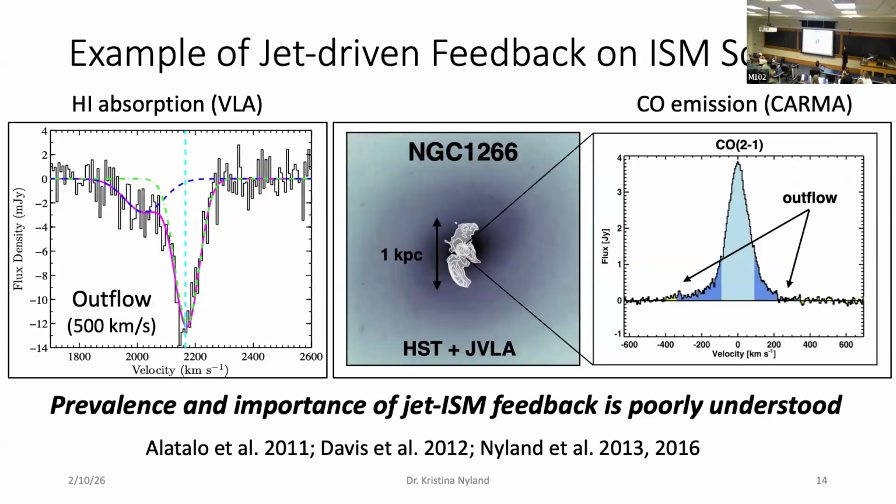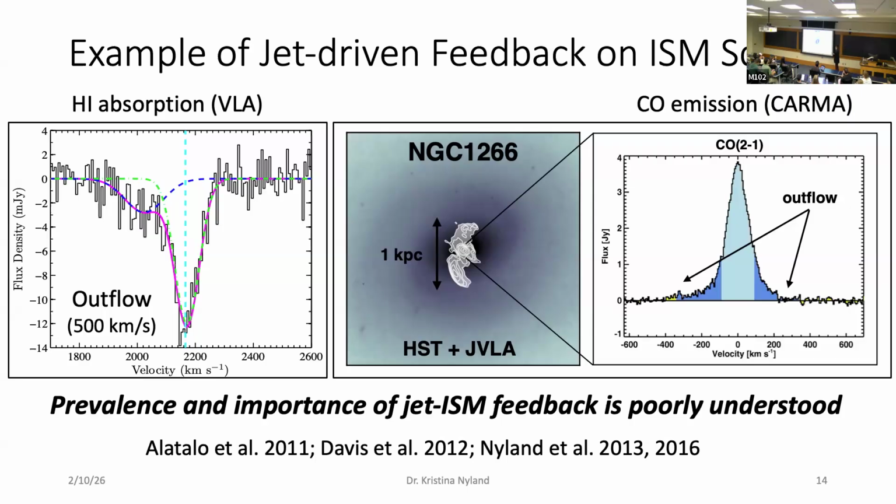So here's an observational example of jet driven feedback on ISM scales. I'll say this example is a bit of an older one. It's the source that I worked on as part of my PhD project, and there are tons of cool jet ISM feedback papers that have come out since then. I had trouble choosing a new one, so I stuck with this for now.